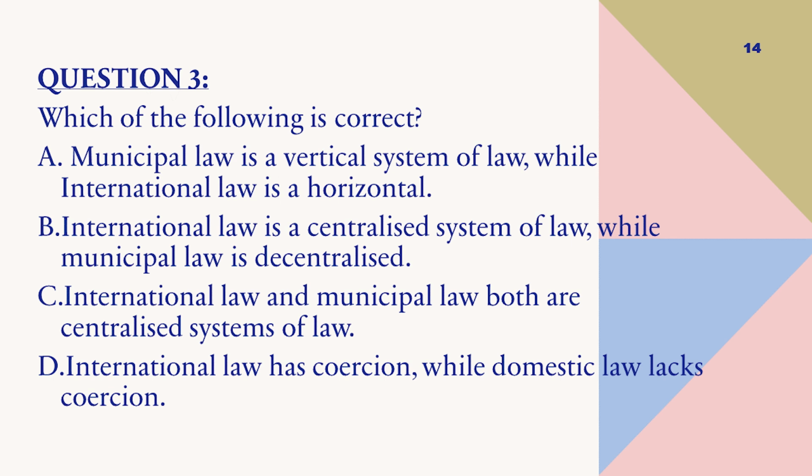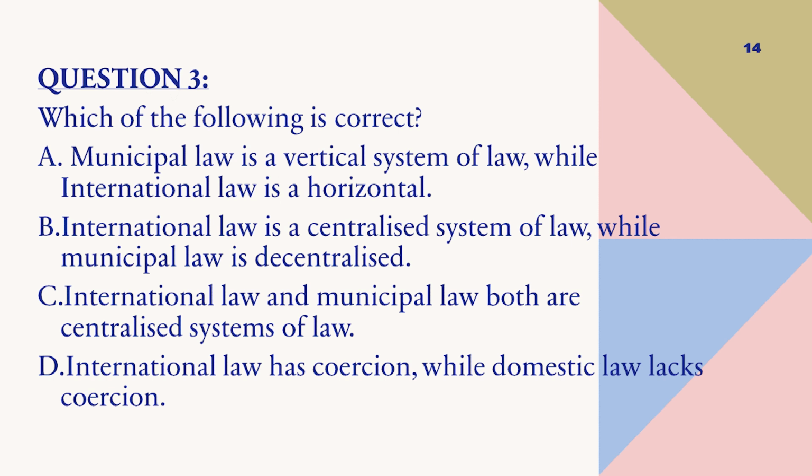So, if you see option A, it says municipal law is a vertical system of law. True. While international law is horizontal. True. B, international law is a centralized system of law. Untrue. So we are not going to the second part when the first part is itself untrue. C, international law and municipal law both are centralized.